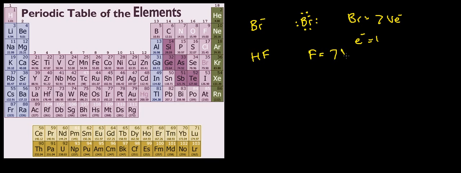So fluorine has 7 valence electrons, hydrogen has 1. I'm just going to draw them individually at first. So if they were separated, the Lewis structures would look like this.